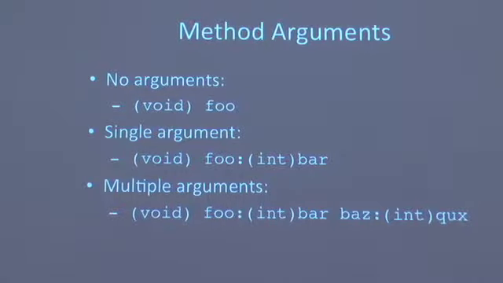Where it gets a little more convoluted is when you get to multiple arguments. So you have your return value, the method name, which has an initial integer, in this case, that's going to be stored in a value called bar, but we haven't otherwise named this. But to add a next parameter, we give it a key, the variable it's going to go into, and the type.